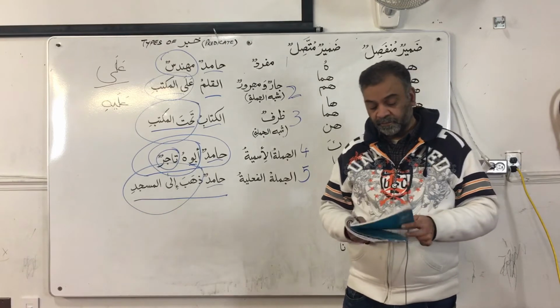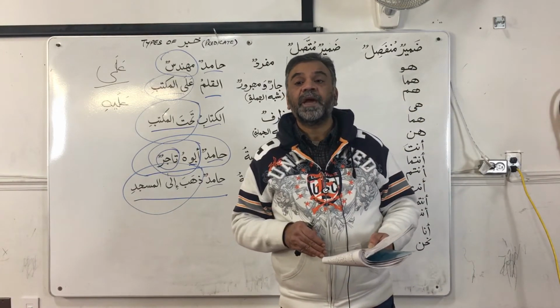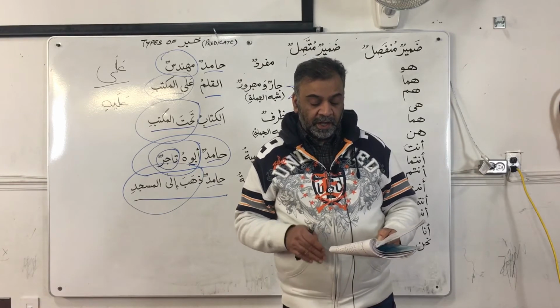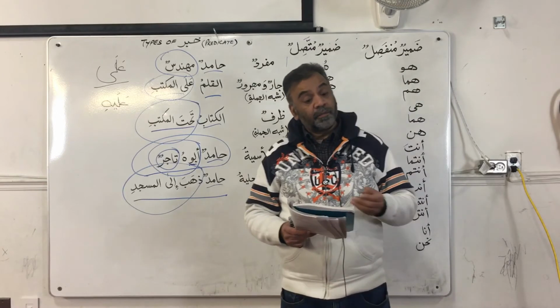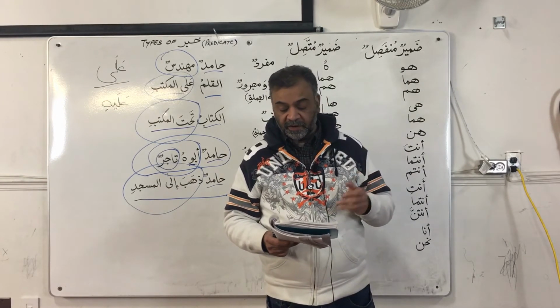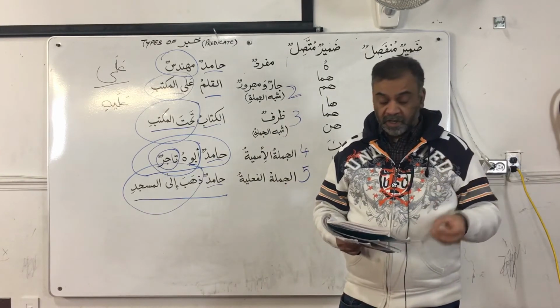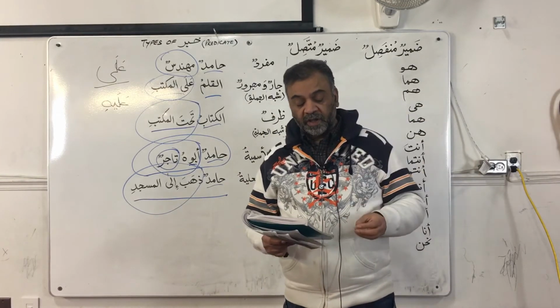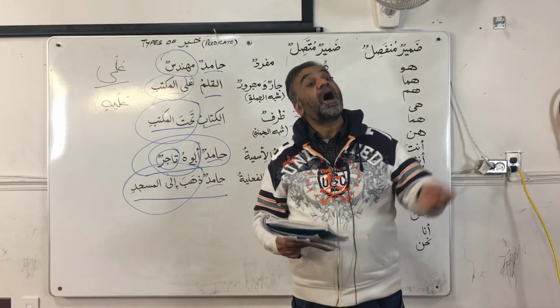Number 5, this is a picture of a house, baitun, and then Dr. Saab is saying baiti, baituka, baituhu, baituha. Now here Dr. Saab is saying baiti. What is the meaning of baiti? My house. Baituka, your house. Baituhu, his house. Masculine. Baituha, her house.